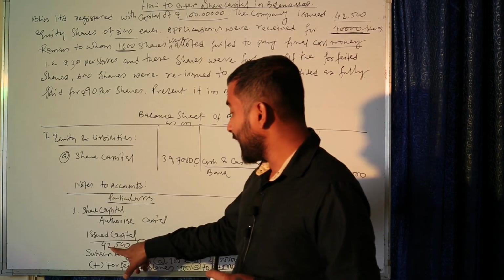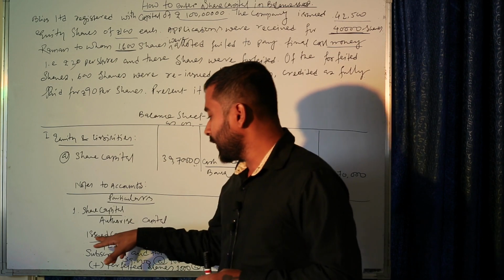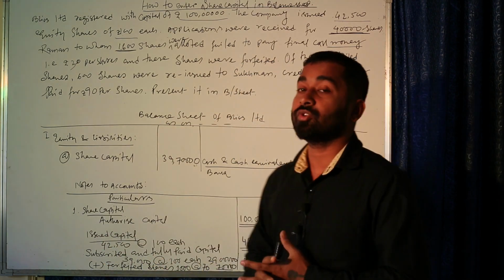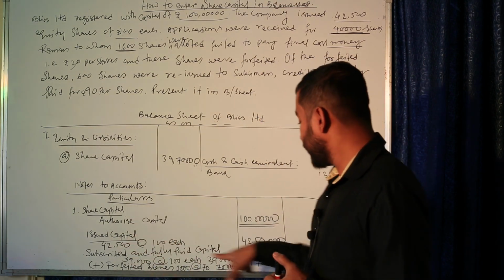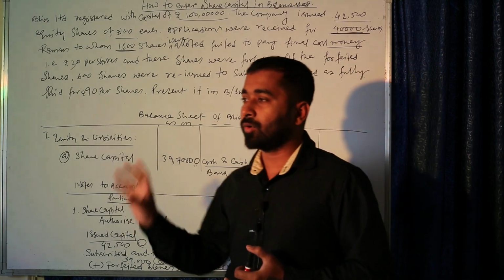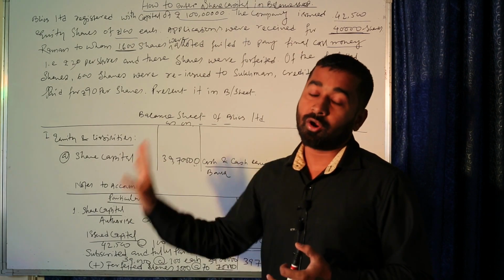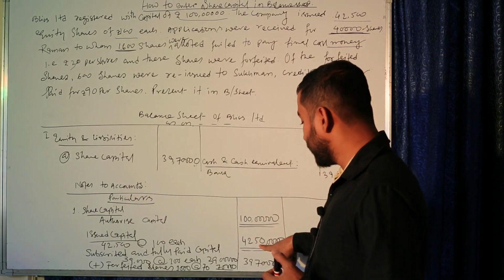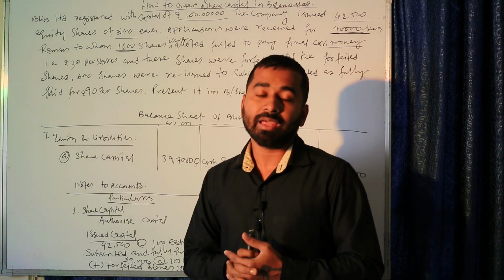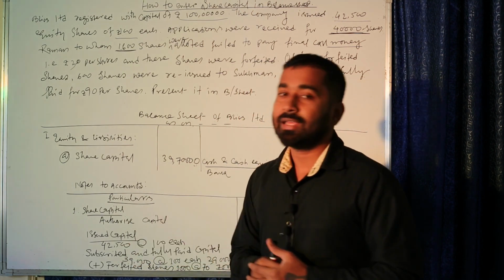So 42,500 shares at 100 each, that amount is 42,50,000. Again a double line. I show the exact amount here, not to be added or subtracted anywhere. Only for showing purpose I have written it here. 42,50,000 is the money I was supposed to receive as per the issued capital.